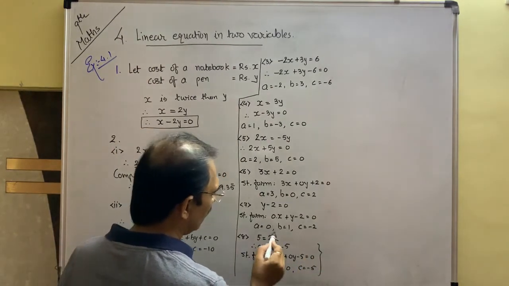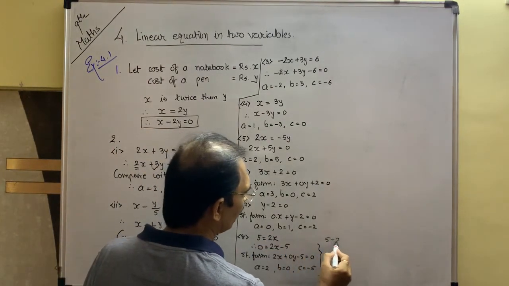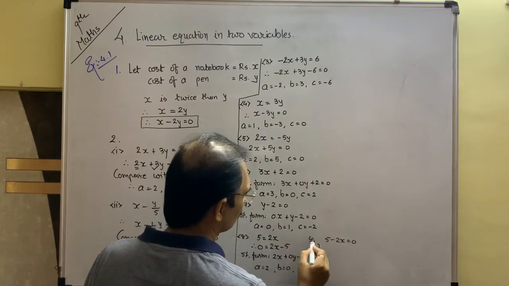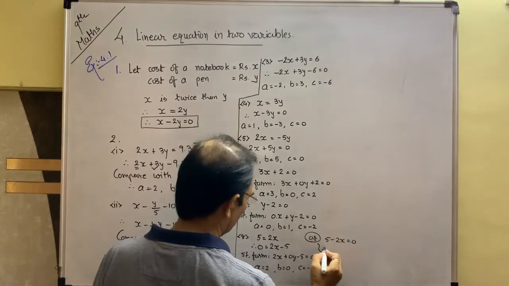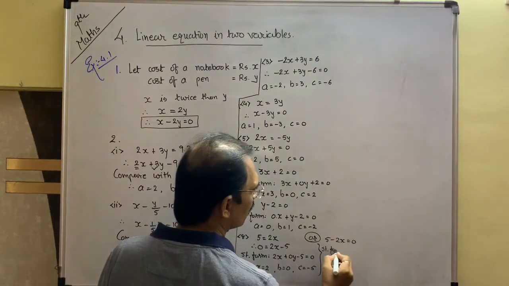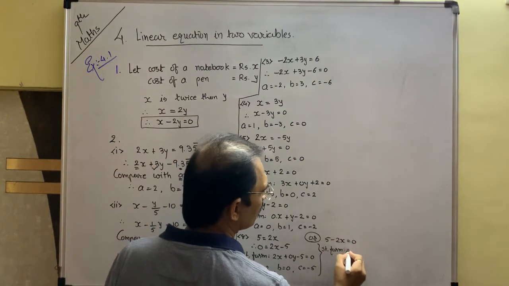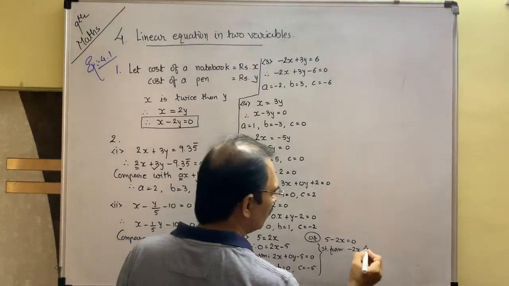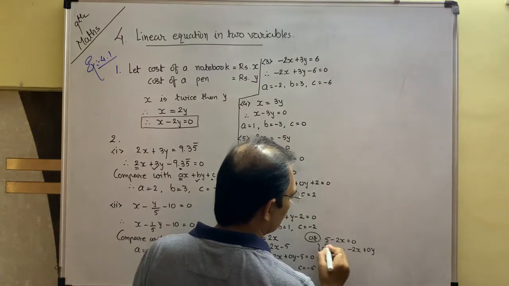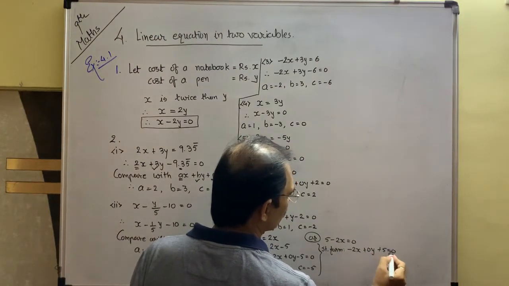Suppose someone take plus 2x this side, so this will be my 5 minus 2x equals to 0. Okay, so for him or her, standard form will be what? First term is x term minus 2x, y is not given, so I should write 0y and plus 5 equals to 0.